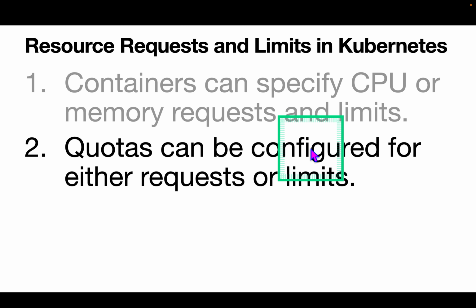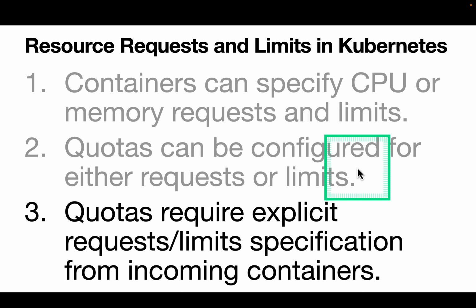The quota system can be set up to monitor and enforce either the request values or the limit values. So the quota is basically used for this purpose, mostly to enforce these request values and the limit values.